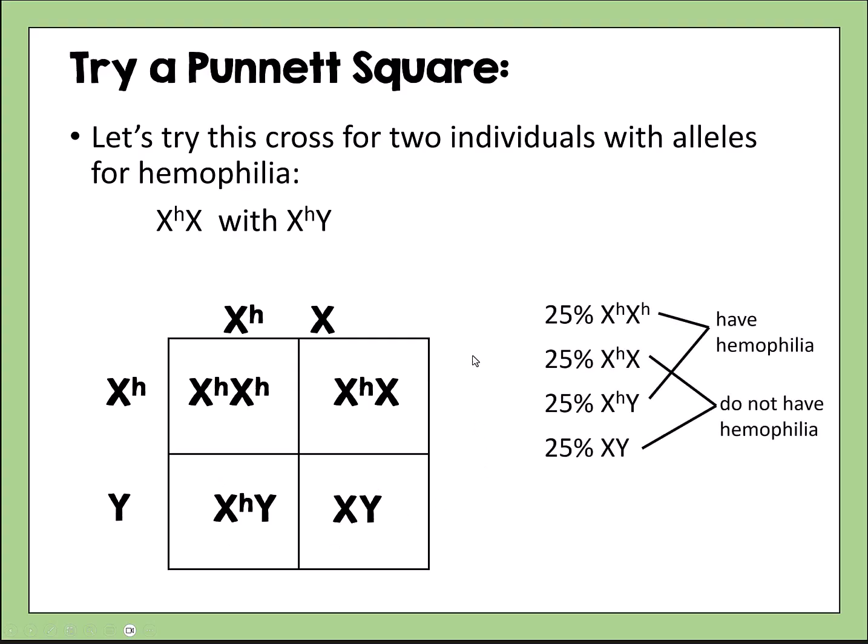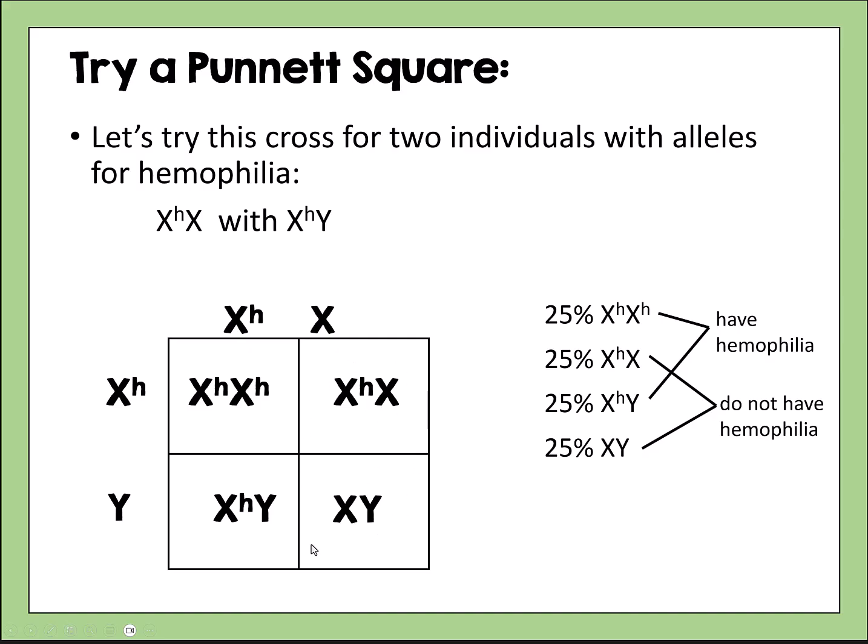So we write these out as separate percentages. 25% XHXH, H for hemophilia, and 25% XHY. These two quadrants of our Punnett square are both going to be individuals that have the hemophilia disease. Then we also have 25% that are carrier females and 25% that are unaffected males.